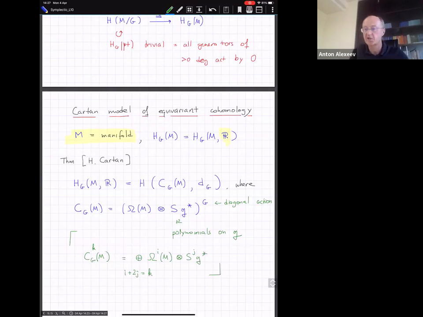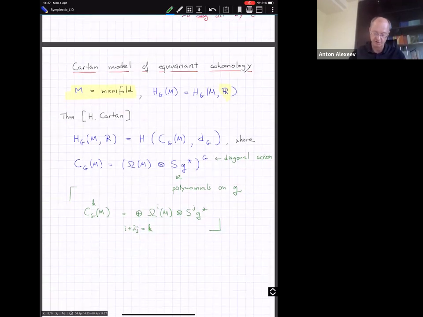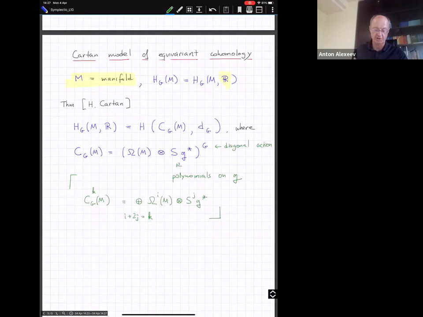So those generators of g star, whatever they are, have degree 2. So you see now, maybe you see better why I wanted to show you that geometric example with the Fubini-Study form, right? It actually comes from there, but okay, that's part of Cartan's theorem.